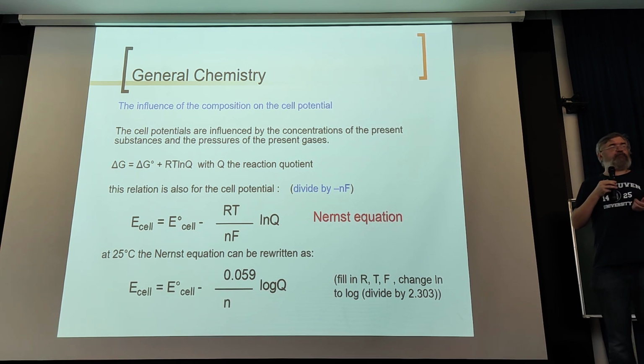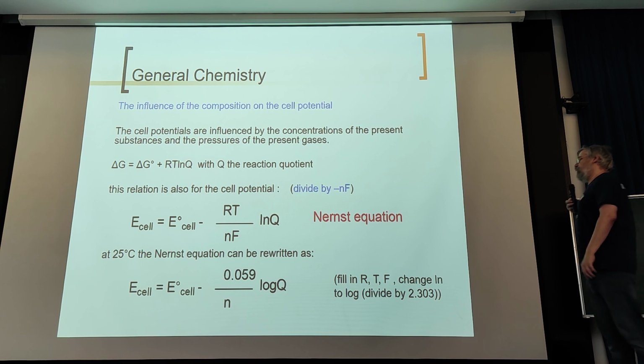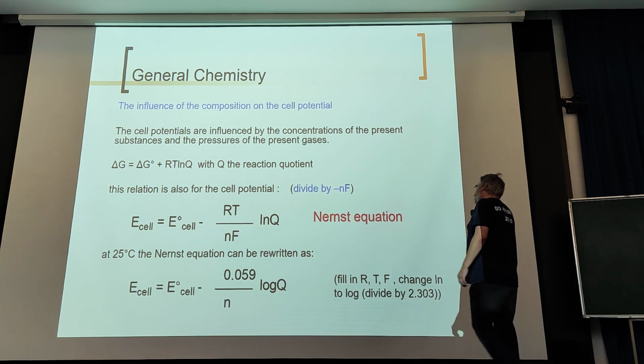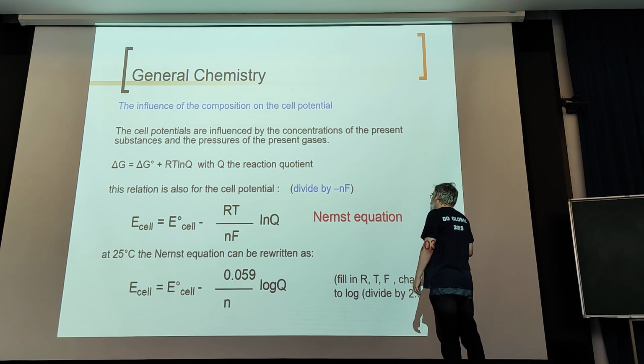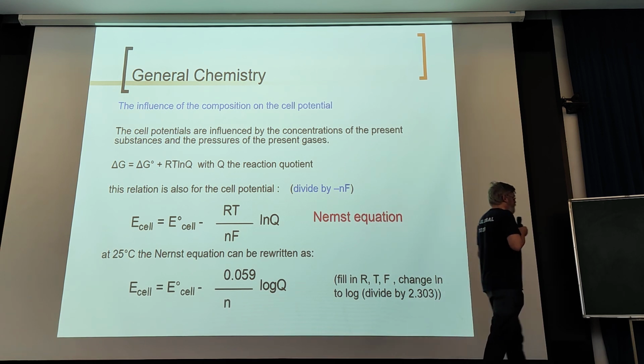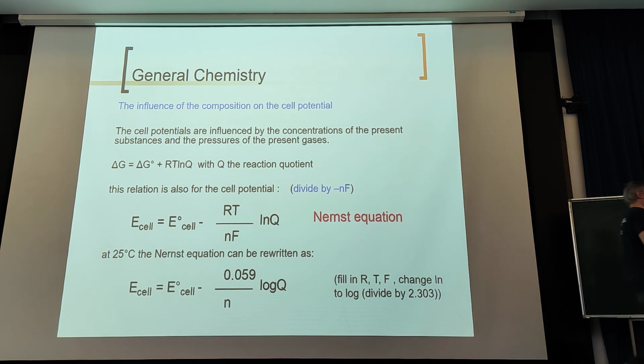NF, that's the same factor as before, so the amount of electrons times the Faraday constant, 96,500. And the ln Q, again, is the natural logarithm of the expression that looks like the equilibrium constant, but isn't, because we have the concentration at any moment.